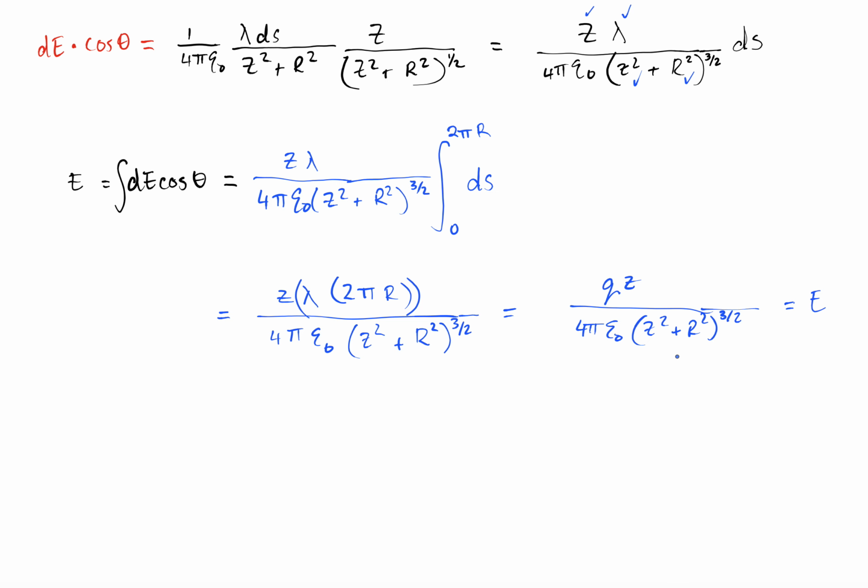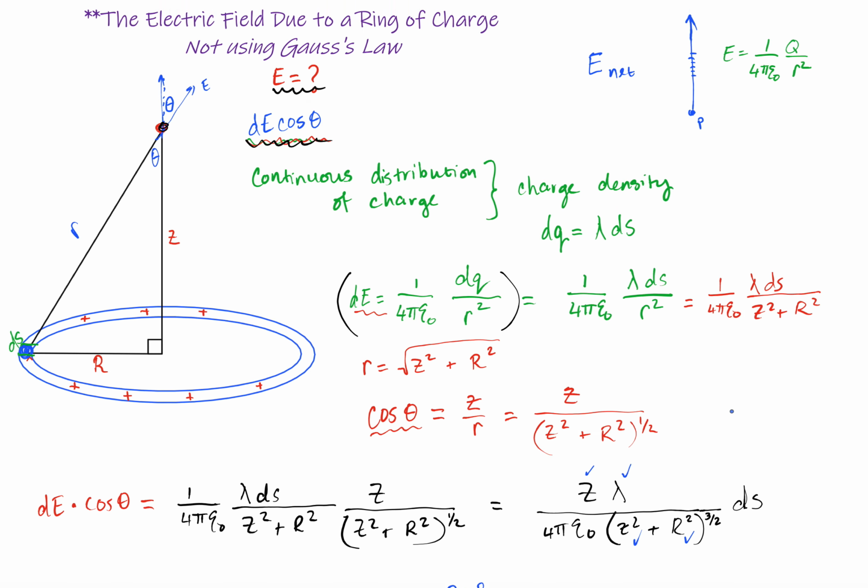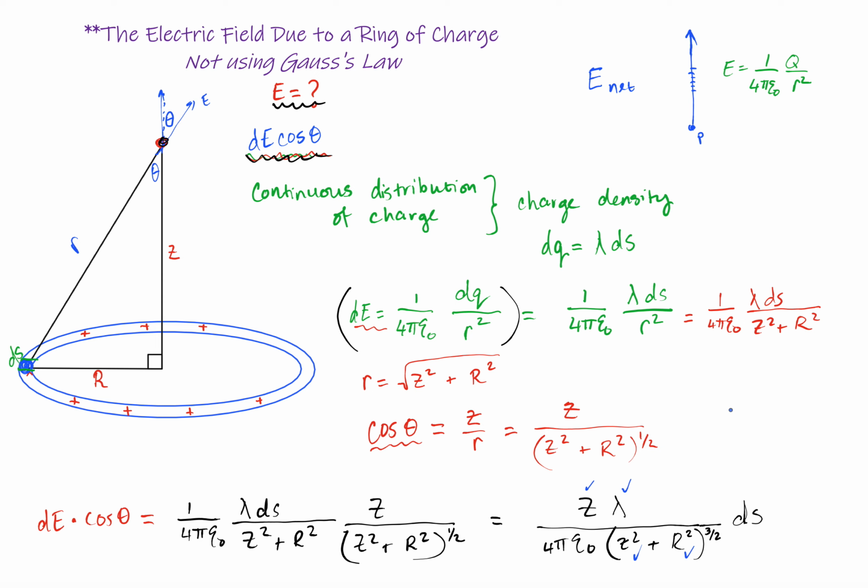And so what I end up being left with is the electric field being 1 over 4 pi epsilon naught times q over z squared, because of the way this would go as you went to infinity. So you'd almost treat it as if it were a point charge that you were really, really far away from.